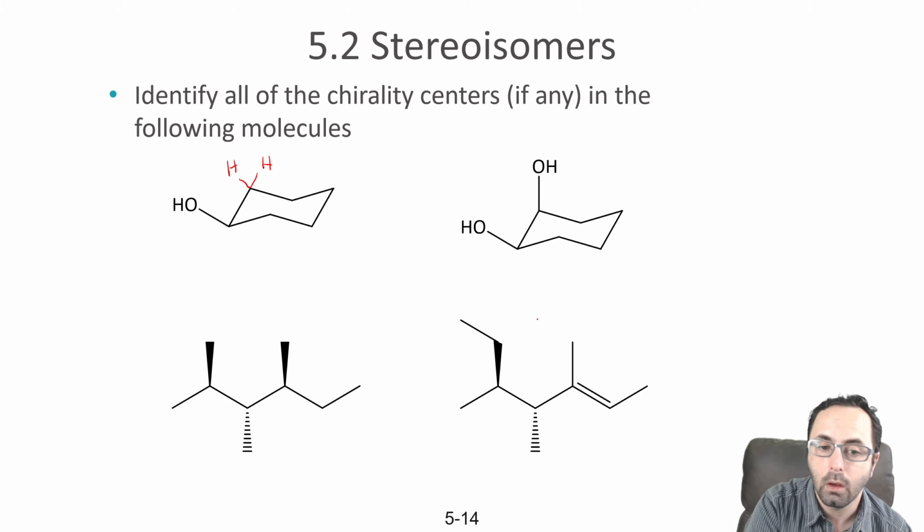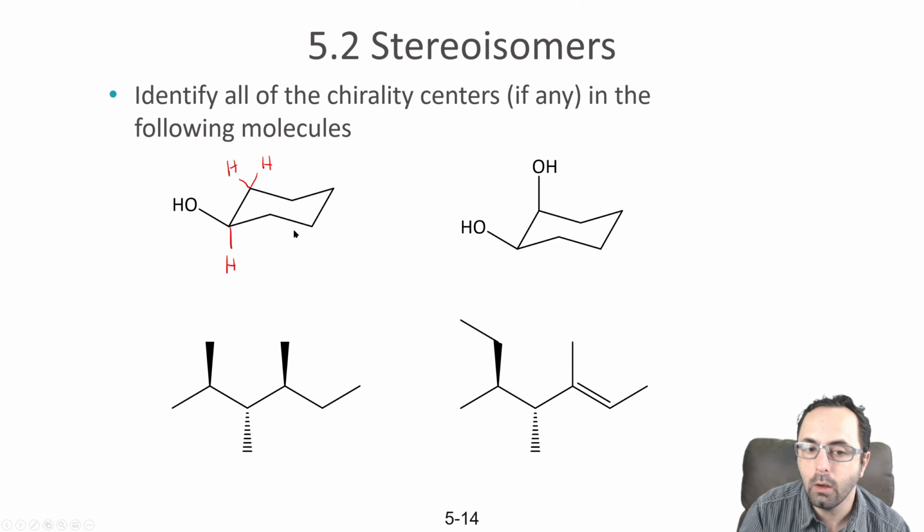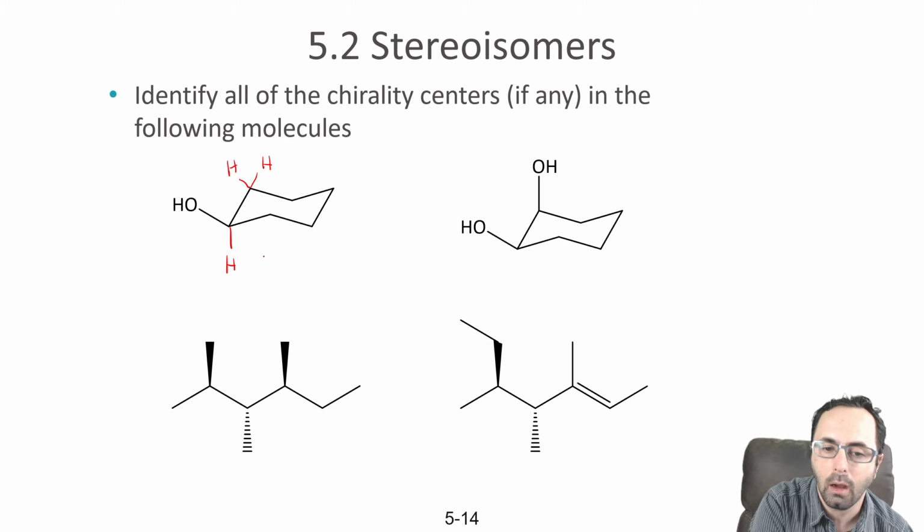However, here this carbon has an OH and a hydrogen attached, but if we go around the ring, each direction from this carbon here is exactly the same in both directions. So this molecule is not chiral. There's no chiral centers here.